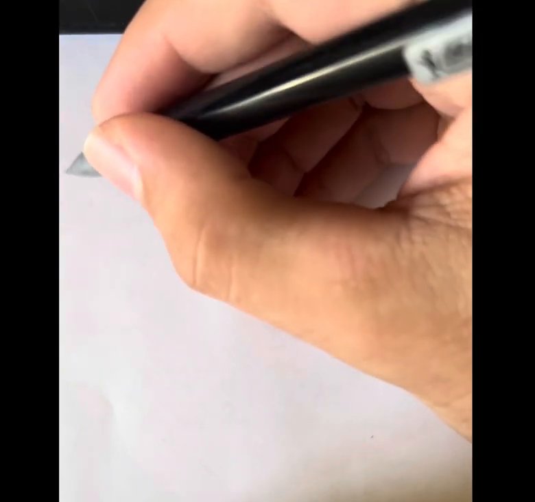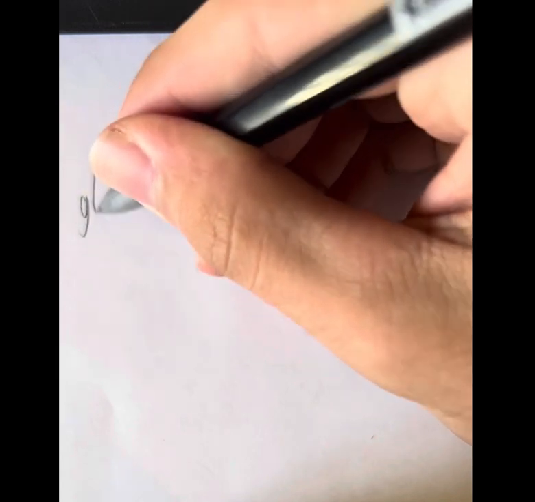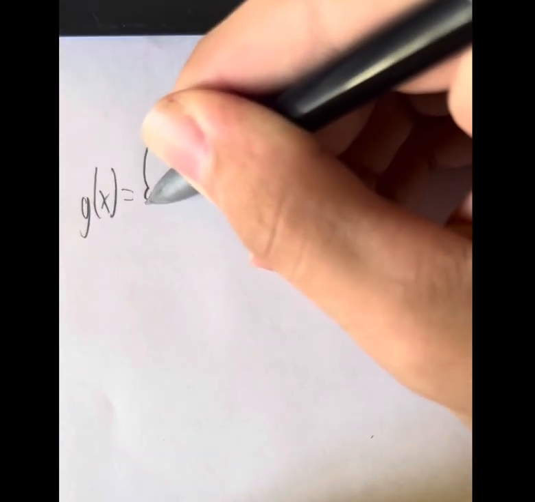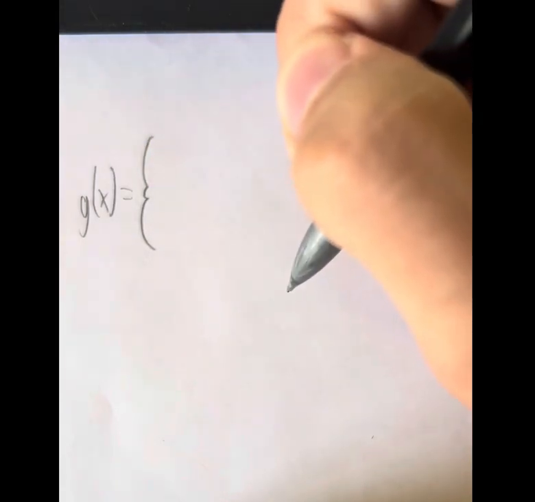Okay, let's say we have g of x equals two things.